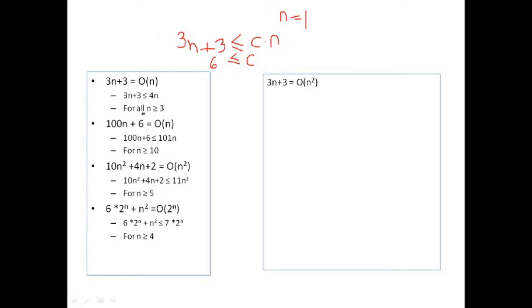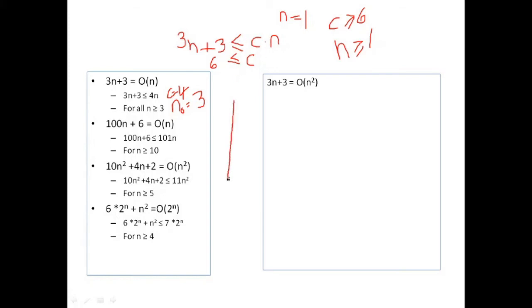In the earlier solution, we said c is equal to 4 and n naught is equal to 3, right? We can also write c equals 6 and n greater than or equal to 1. So for these two values of c and n also, you can say f of n is less than or equal to c into n.